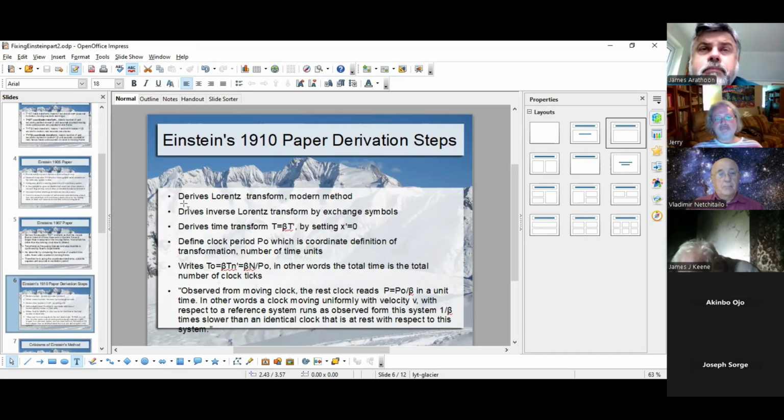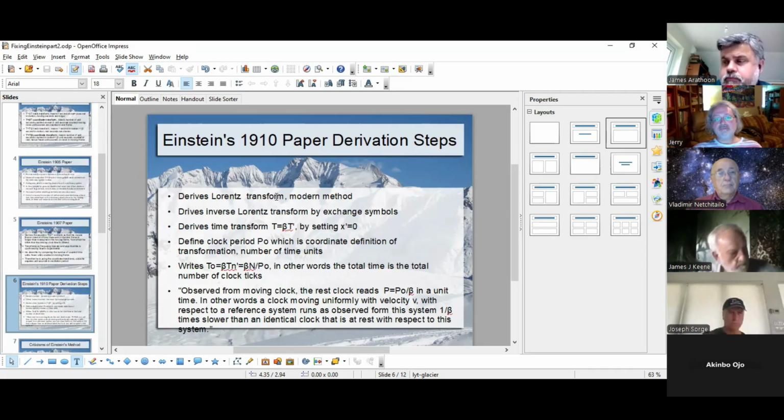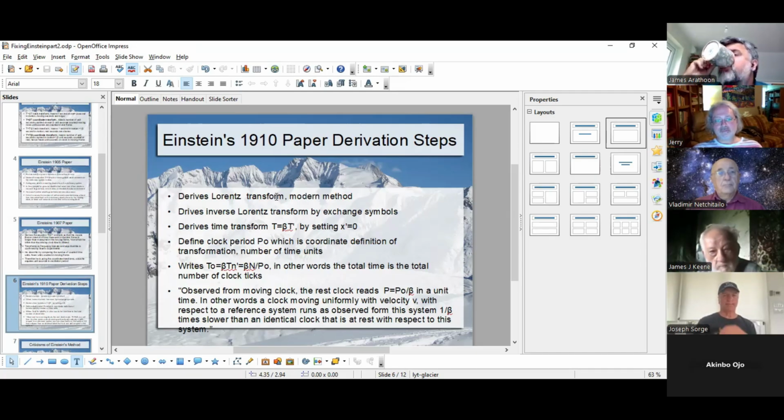Okay, so what he does in the 1910 paper is, and this is kind of interesting, and you have to be aware of that, he does a completely different derivation of a Lorentz transformation. And he doesn't do it by this business of the speed of light is a constant and talking about synchronization of clocks and all this stuff. He just says, okay, I'm looking for a transformation of variables that makes the light travel equations to be the same.